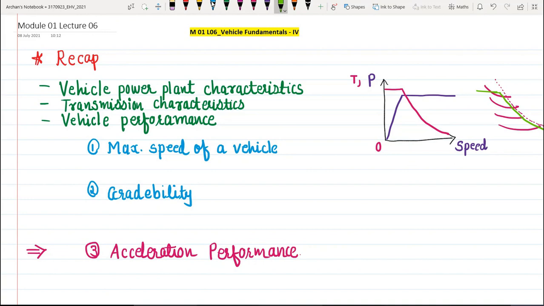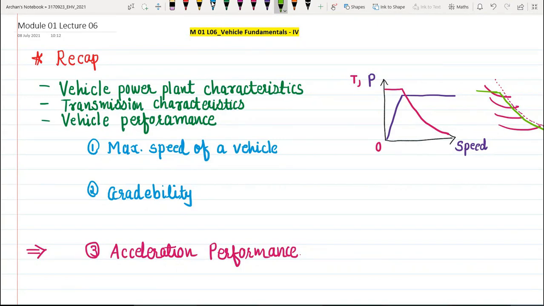And we have seen that the performance of vehicle is described by its maximum cruising speed, gradability, and acceleration. Okay, so we have seen the prediction of vehicle performance, which is based on the relationship between the tractive effort and the vehicle speed, and that is what we have seen in the previous lectures, right?